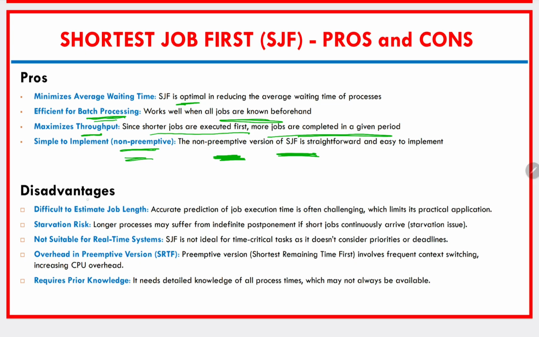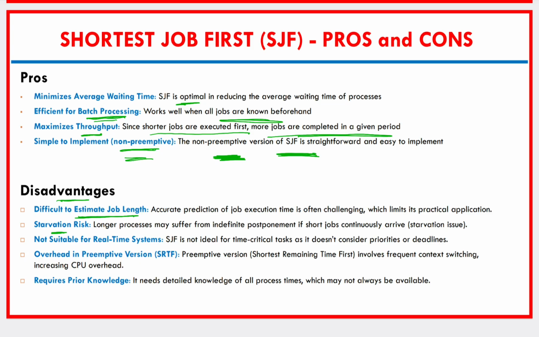Now, next thing is about the disadvantages of this SJF. Yes, it is quite difficult to know beforehand for what span of time a process will be requiring the CPU to execute. So it is quite difficult to estimate the job length. Then there is also a risk of starvation. What happens over here is, the jobs which are having smaller CPU burst are getting the access of CPU as compared to the ones which are having longer CPU burst.